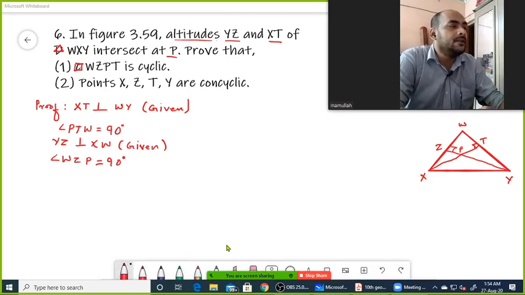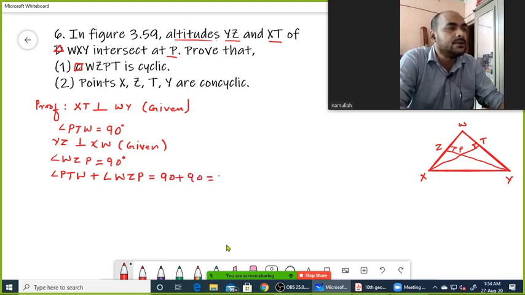So angle PTW plus angle WZP is equal to 90 plus 90, which is 180°.